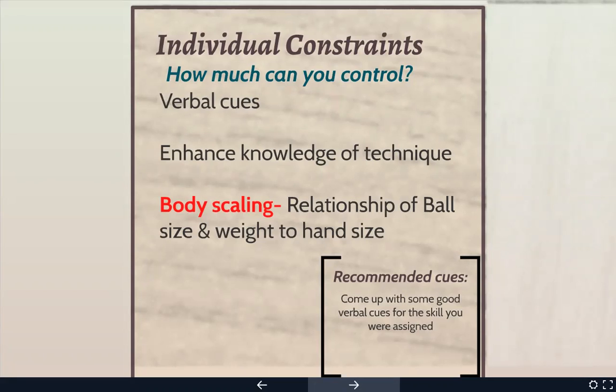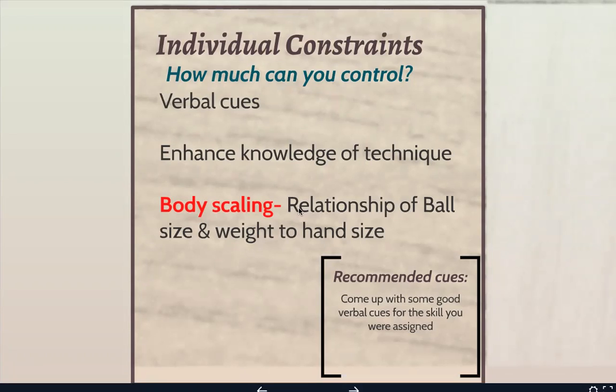So enhancement to how much knowledge they have of the correct technique is correlated with how well they perform that skill. So make sure you're giving them cues for the technique. Again, just relationship of the size and weight of the ball, the bat, the implement that you're using is helpful for balancing success and failure.